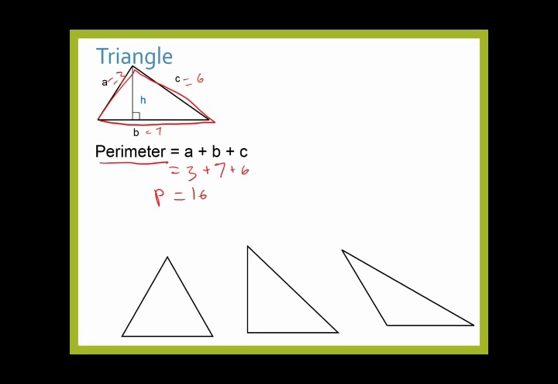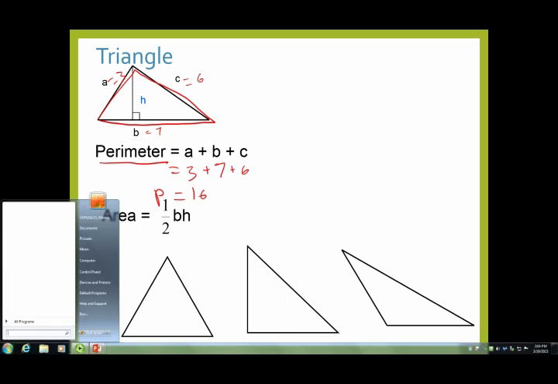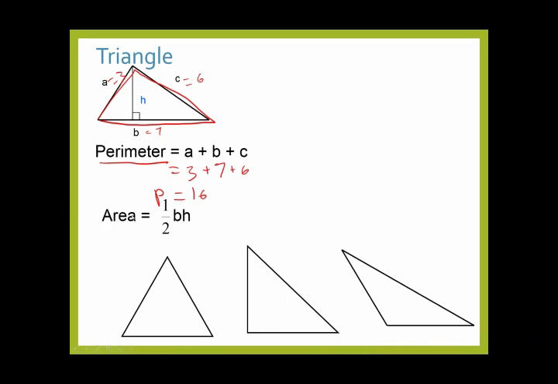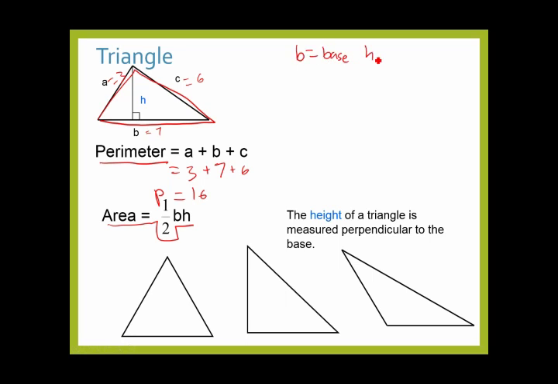And then when we talk about area, for any triangle, area will always be 1/2 b times h, where b is equal to base and h is equal to height.